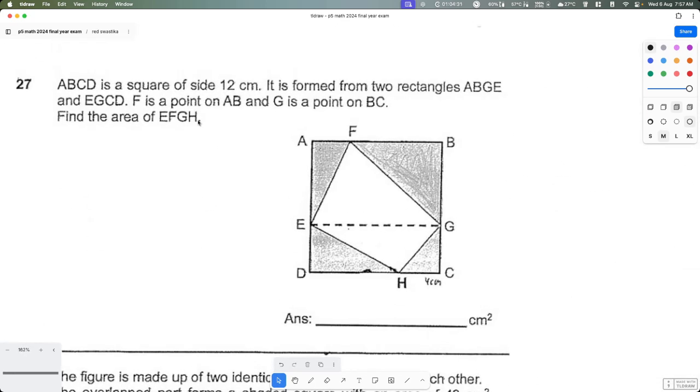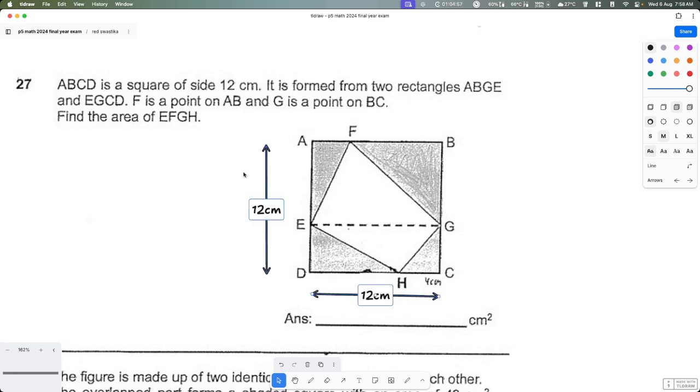Okay, over here, question 27. It says here ABCD is a square of side 12 centimeters. So this and this curves 12 centimeters. So we have 12, and then we also have 12 as what was said over here.